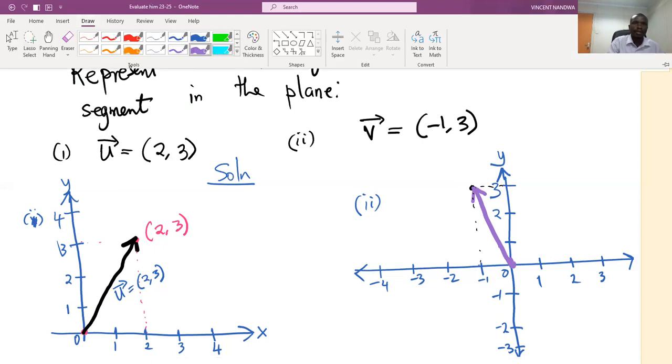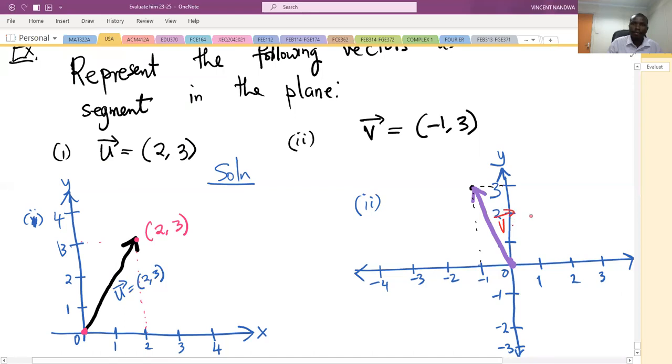This is the vector v with coordinates -1, 3. So that is how we plot or represent vectors in the plane. Just identify the coordinates and then draw a directed line segment from the origin to that specific point in the plane.